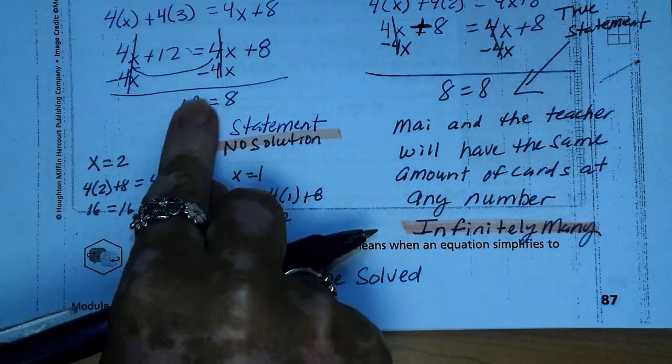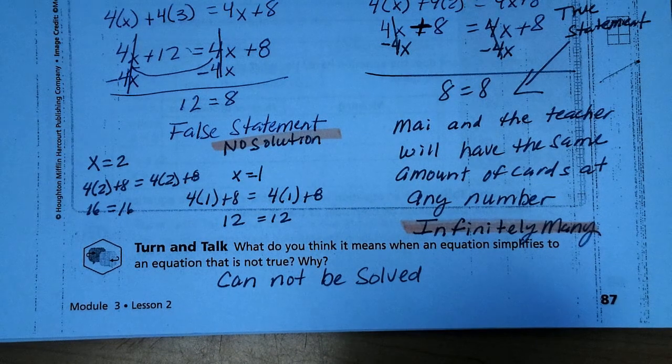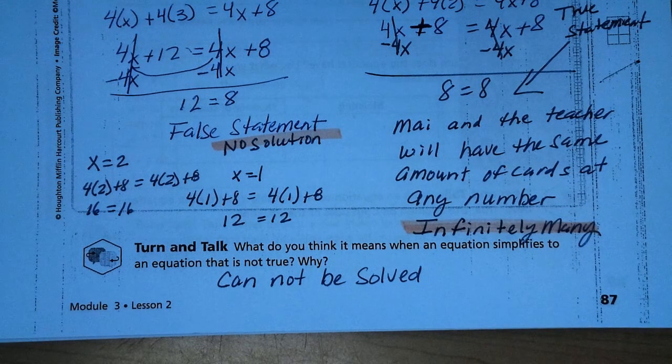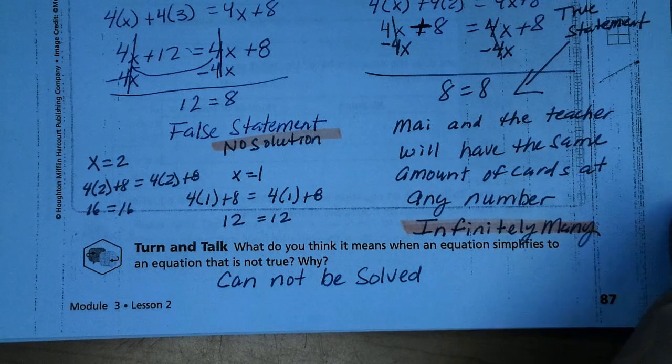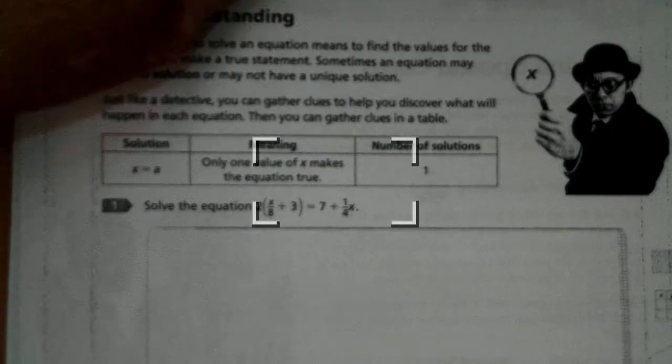Because I end up with numbers that don't equal, so it cannot be solved. Any questions so far? No? All right, so let's move on to the build understanding.